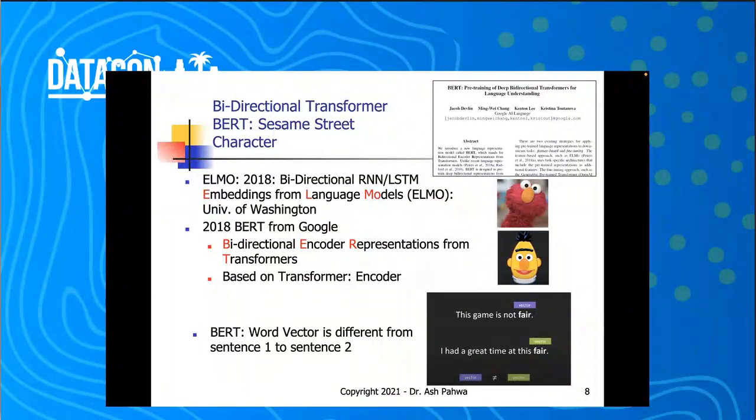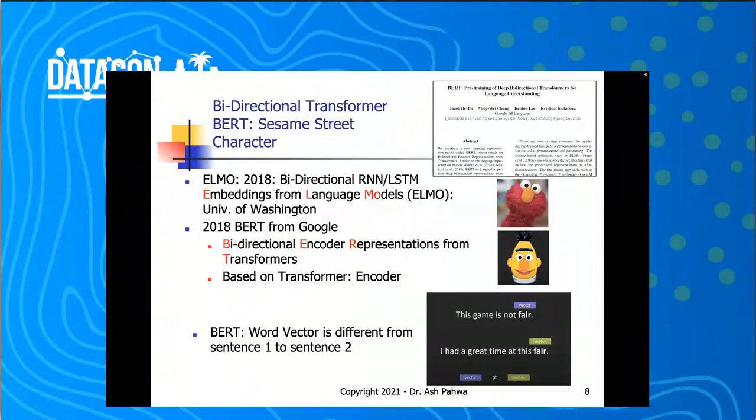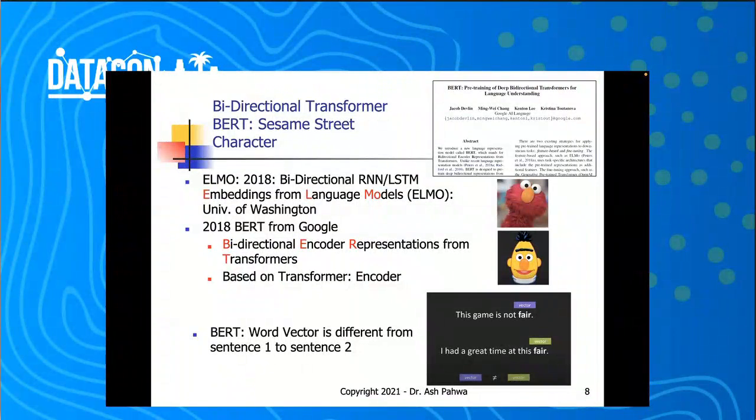There is no reason to use a Sesame Street character. What does Sesame Street have to do with computer science and artificial intelligence? Nothing. But when this thing starts, it just goes on and on. So then came BERT, which stands for Bidirectional Encoder Representations from Transformers. BERT also happens to be one of the Sesame Street characters, so it just became that.